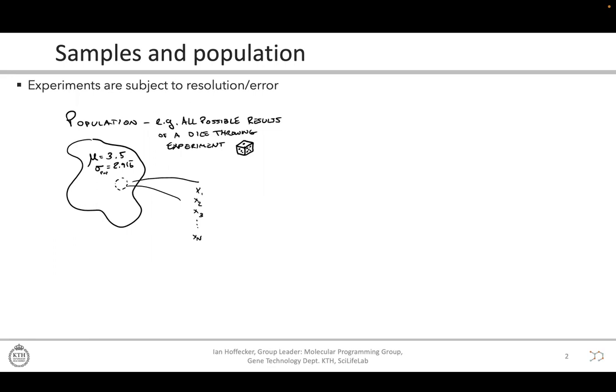So this might be an experimental setup where the population is a physical process that is extremely complex maybe. And what we're doing is we're taking measurements, knowing that this is sampling this population, or maybe we're using the Monte Carlo method.